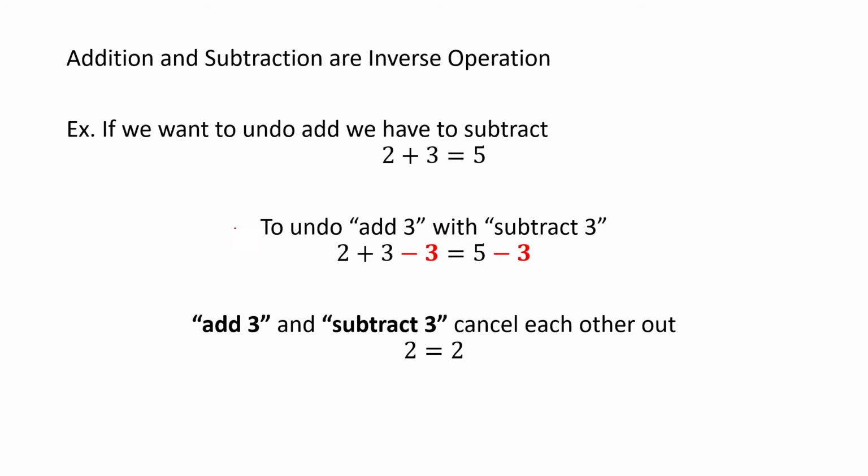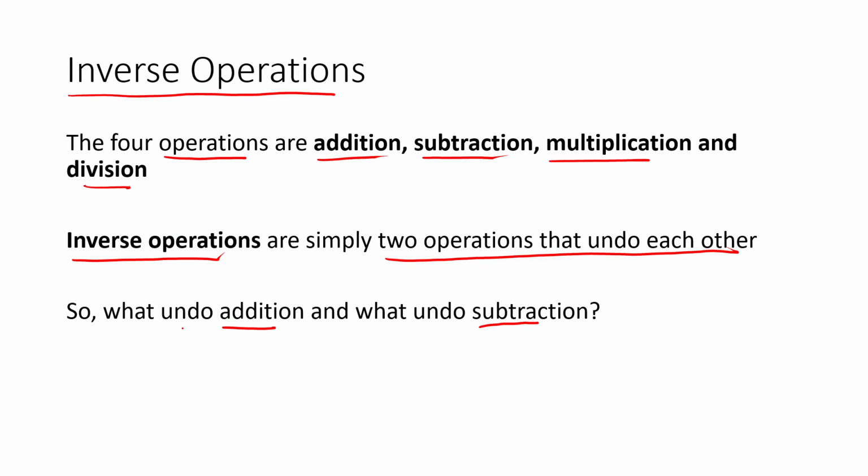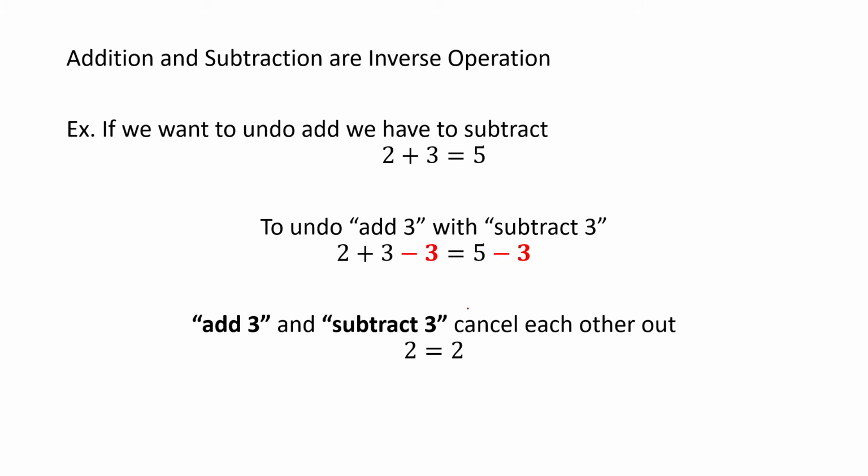What does that mean? If you want to undo addition, you're going to use subtraction, and if you want to undo subtraction, you're going to have to use addition. So that means addition and subtraction are inverse operations.